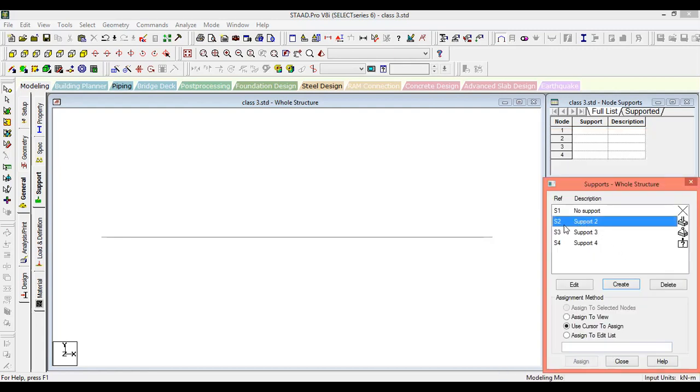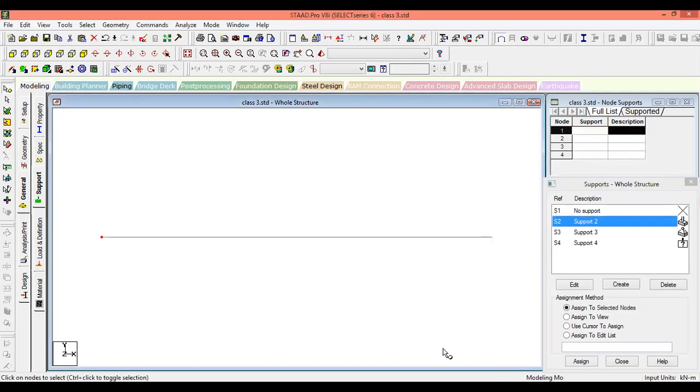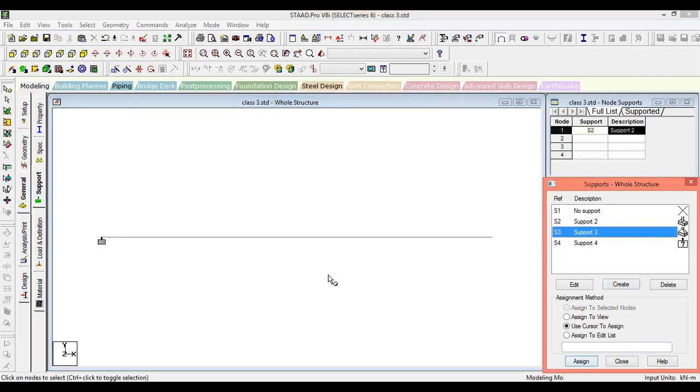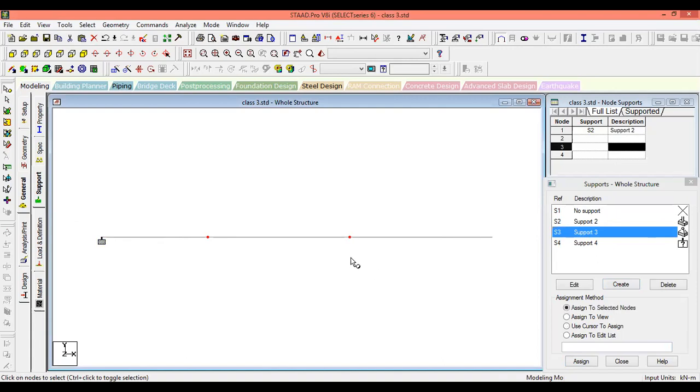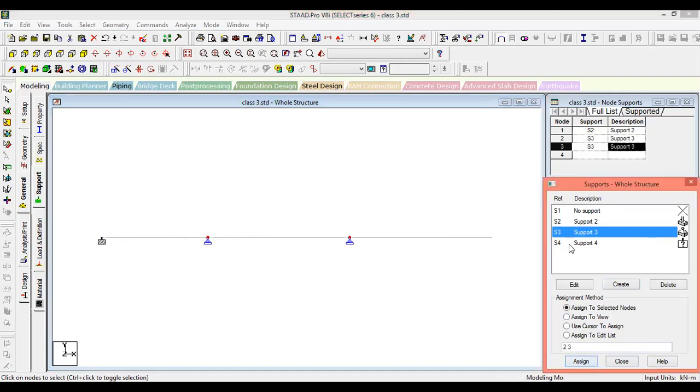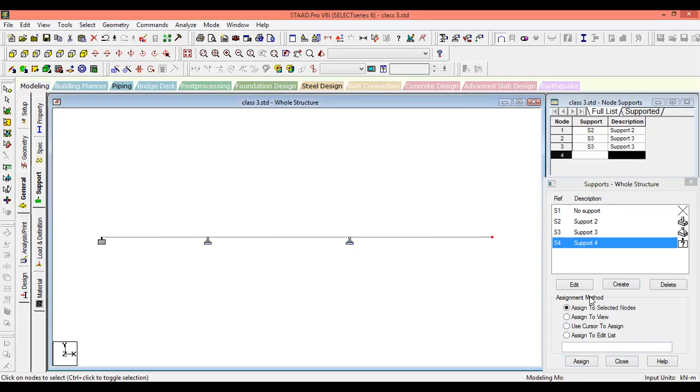Now the first support at the first node, assign the fixed support. Then the hinged support should be taken to the other two nodes. Assign to the selected nodes. You will get pin support, and at the end you should take the roller support. You should assign it. Okay.